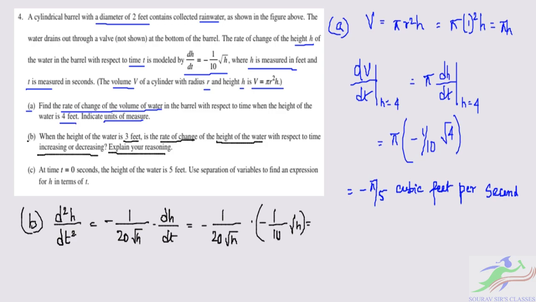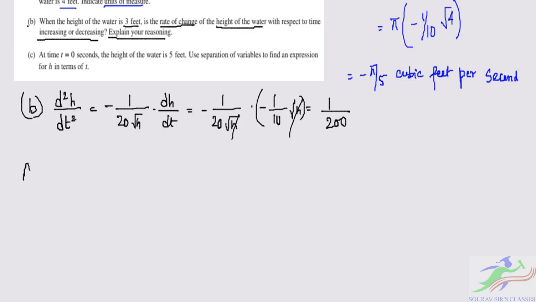So it is simply 1/200, the √h will cancel out, and the minus minus will give plus, so 1/200. Now you can see that d²h/dt² equals 1/200, which is greater than 0 for h greater than 0.